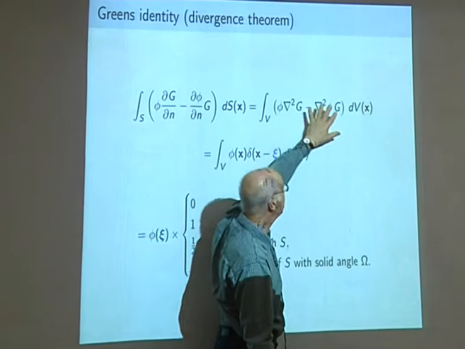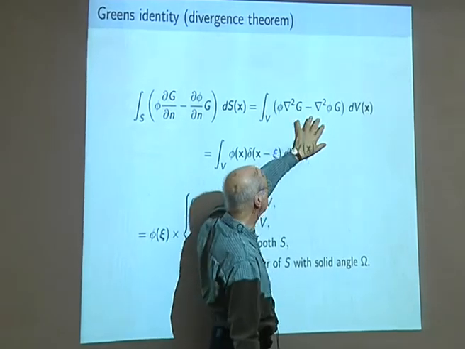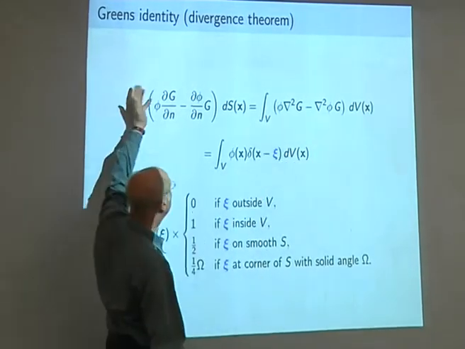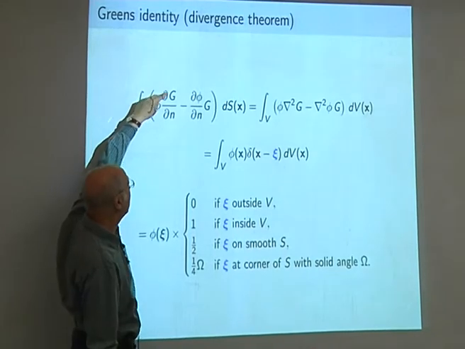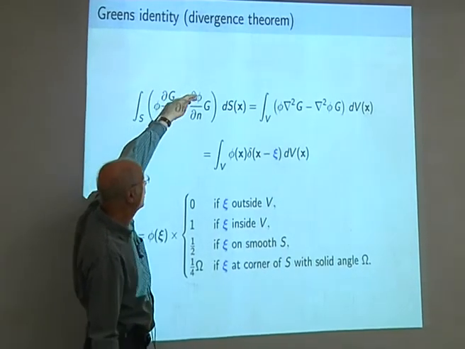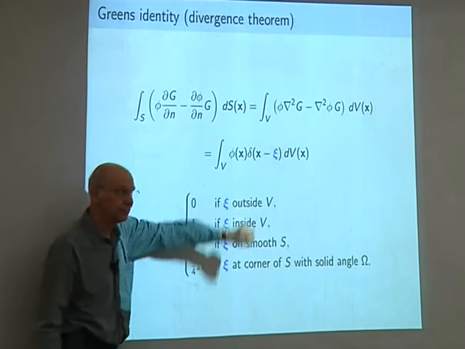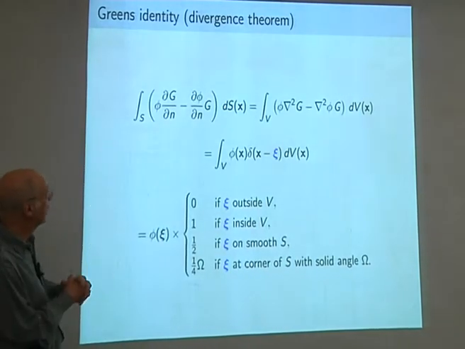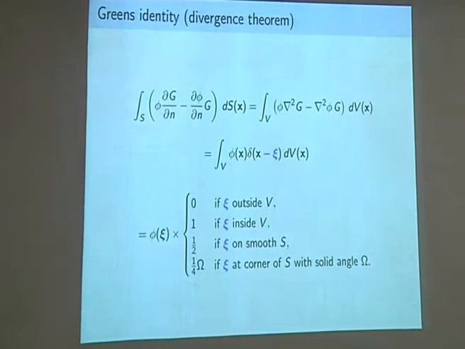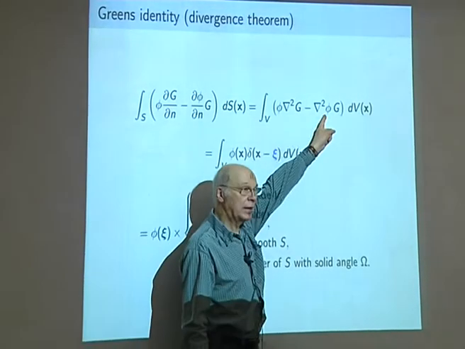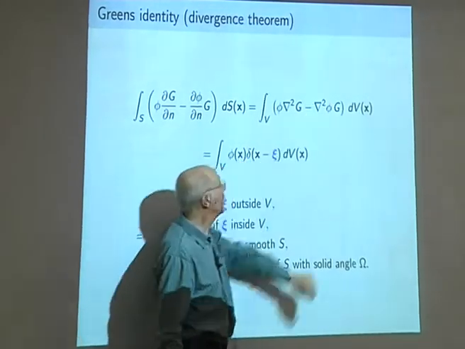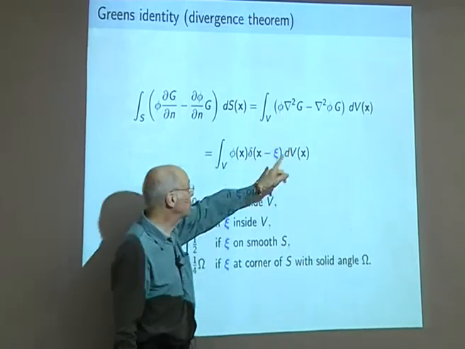So I can do a divergence theorem to go from a volume integral to the surface, where I can pick up phi, the normal gradient of g, the normal gradient of phi and g. So standard Green's identity, or standard divergence theorem, and then in the volume, del squared phi is 0, so that term goes away, and del squared g is a delta function.